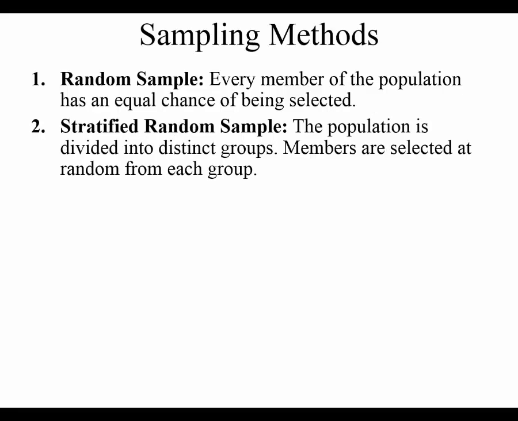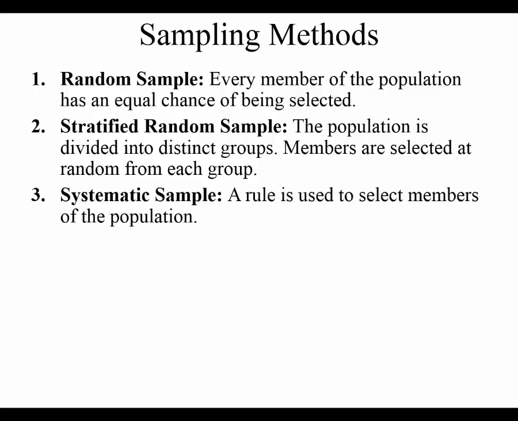If you want to get a little bit more distinct, you can have a stratified random sample, where you are dividing the population into distinct groups, and then selecting randomly within those groups. So you can stratify your random samples. The word stratify is pretty much divide, right?